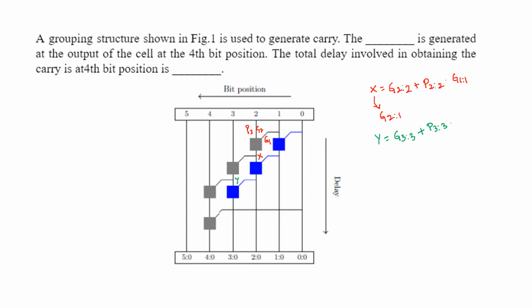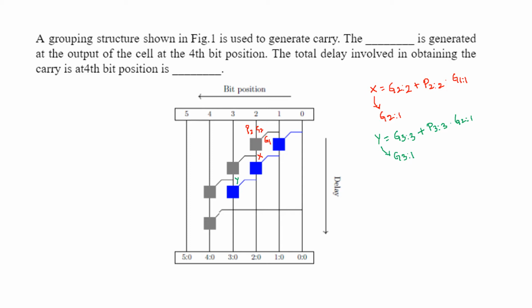See, one input is this, which is G3, P3. The next input is the X. So what is X basically? X is G2:1, right? So at the output Y, we are getting G of 3:1.